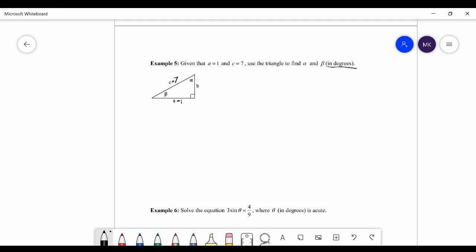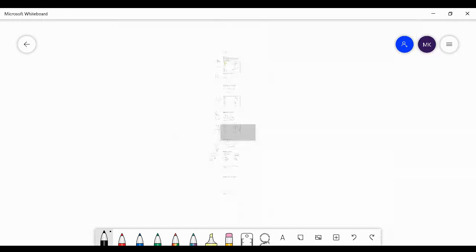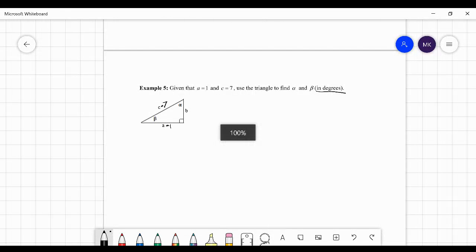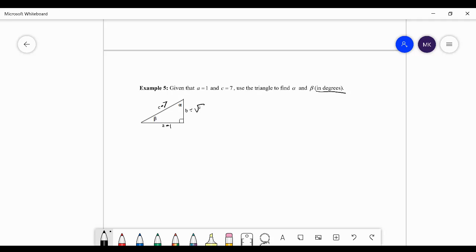The first step, if we want to, is to find the side B. We use Pythagorean theorem to do that. And it gives us the square root of 48. But I'm not going to use that at all, right?